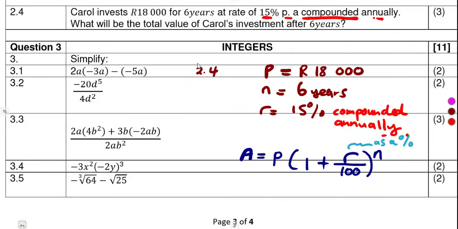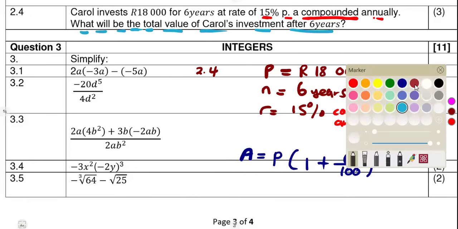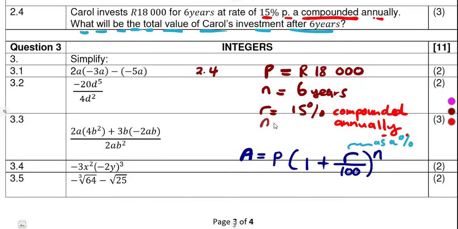So our question was, what will be the total value, the total of everything, of Carol's investment after 6 years? This is the accumulated amount. They're asking us to calculate the accumulated amount after 6 years.